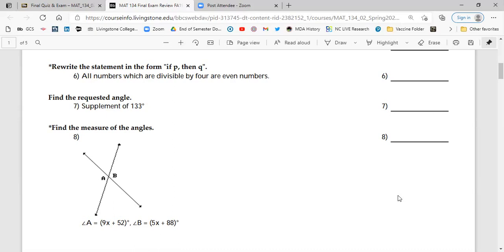All numbers are divisible by 4 are even numbers.